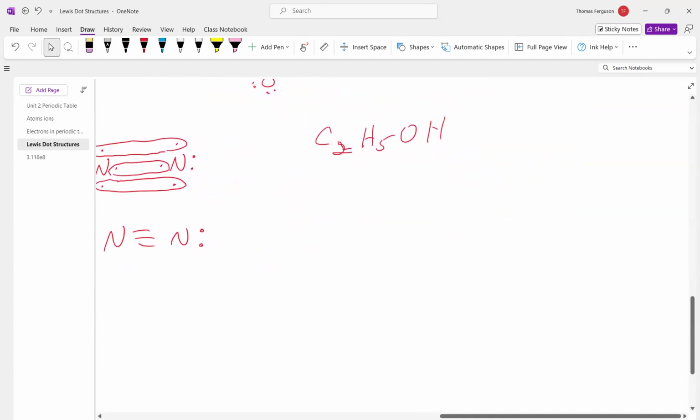Okay, so carbon, hydrogen, oxygen. Carbon has the most singletons, so it goes in the middle. And we have 2 of them. We have 6 hydrogens. We're just going to run those around the outside.